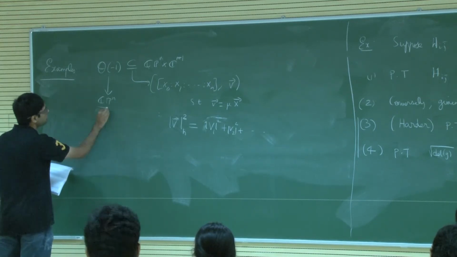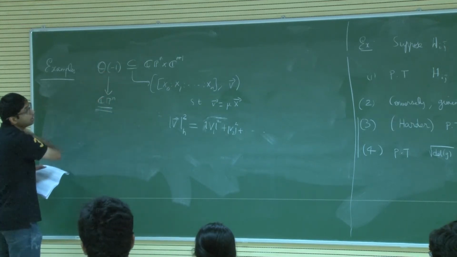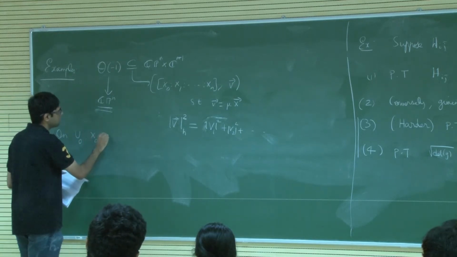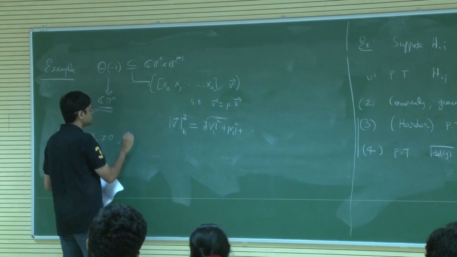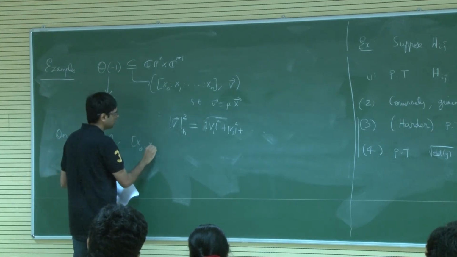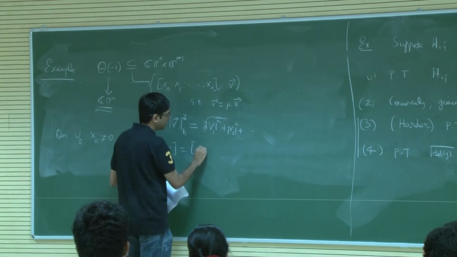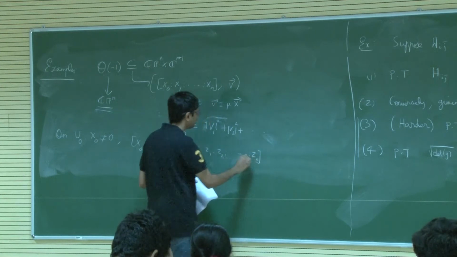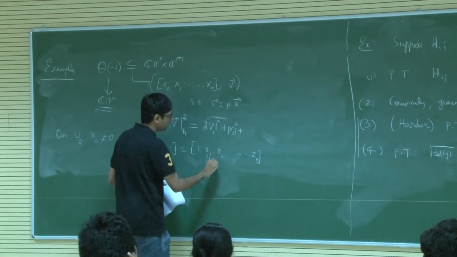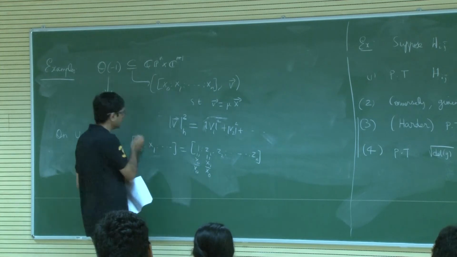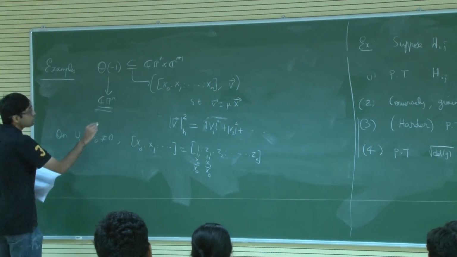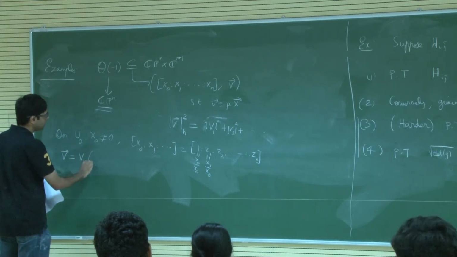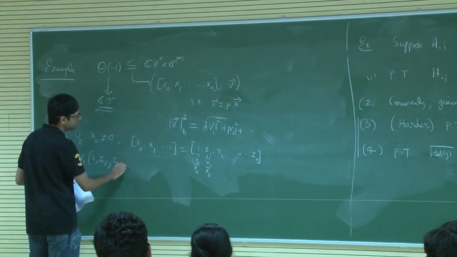You need to first find a trivialization of this. Suppose you take U_0, that is, x0 is not 0. The coordinates on CP^n are 1, z1, z2, and so on, because this is x1 over x0, this is x0 over x0, and so on. We're just pulling the x0 out. So on this, every vector v is equal to v1 times this basis vector.